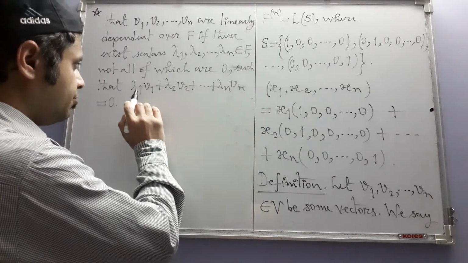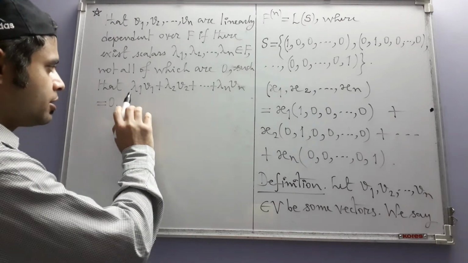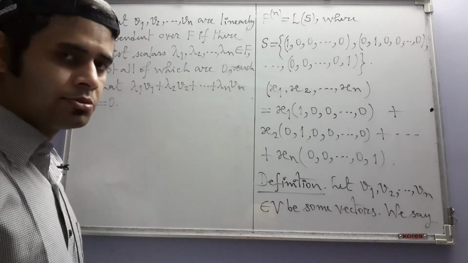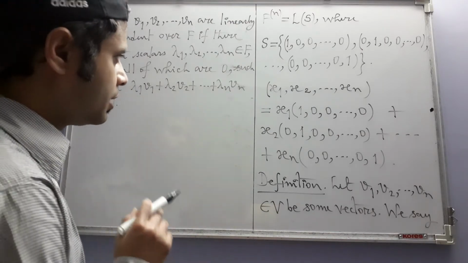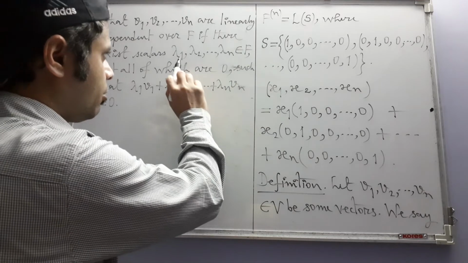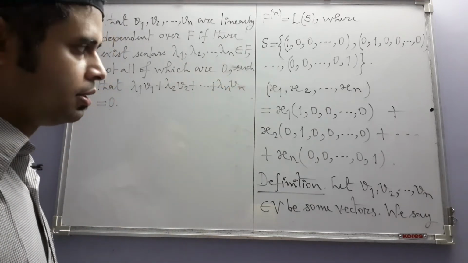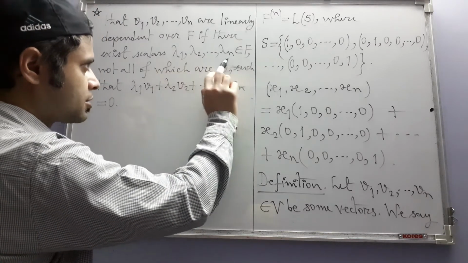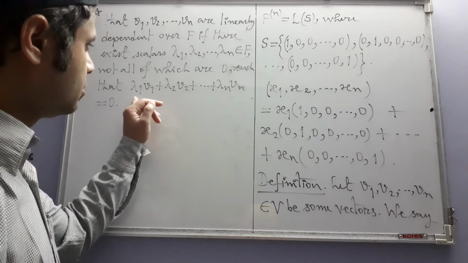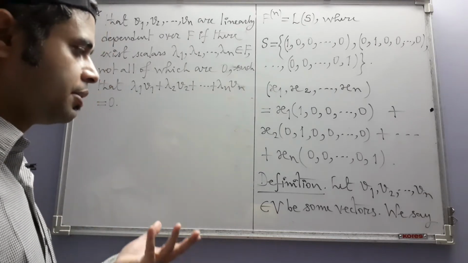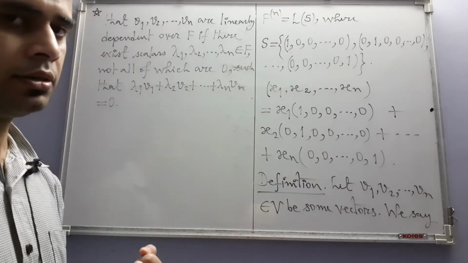Because if you want such a linear combination to be 0, one easy choice is to consider all the scalars to be 0. That linear combination is trivially 0. However, here we demand that not all the lambda i's be 0. At least one has to be non-zero. If such a choice of scalars can be made, not all of which are 0, for which the linear combination is 0, then we say that those vectors are linearly dependent over F.